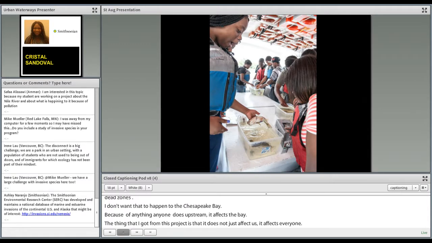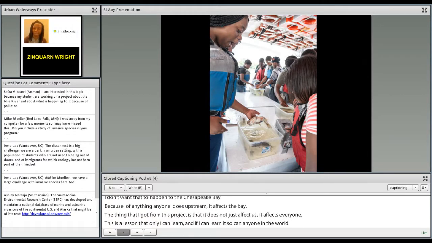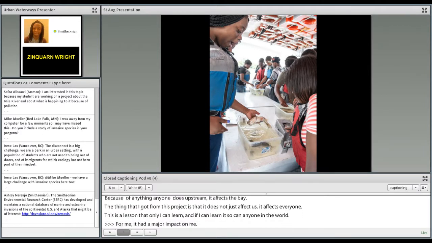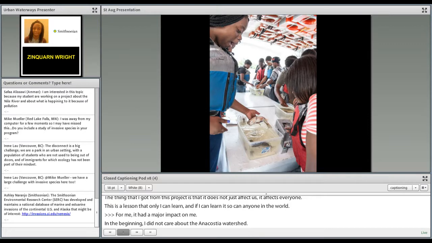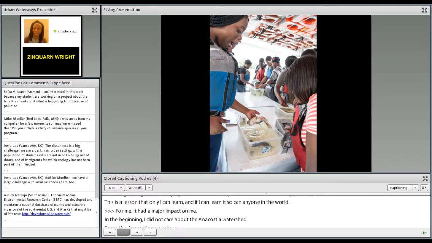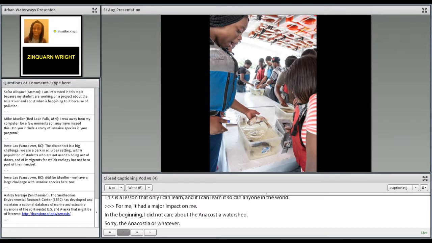Well, for me, it had a major impact. In the beginning, I really didn't care about the Anacostia Watershed, I mean, the Anacostia River, sorry. I didn't care anything about tributaries or anything of that sort. But as the weeks progressed, I became interested because I started to realize that these problems are hitting close to home, since we live right on the Anacostia River.